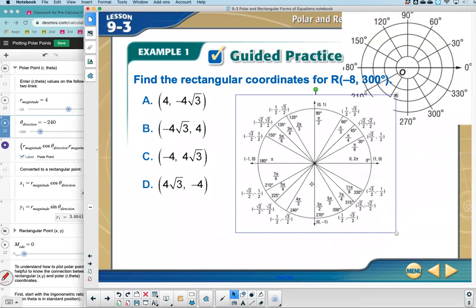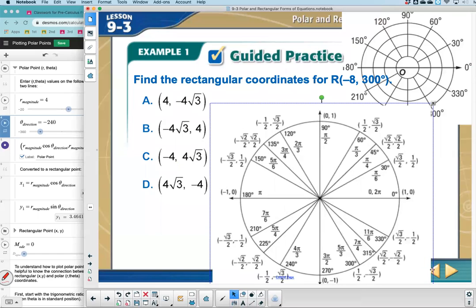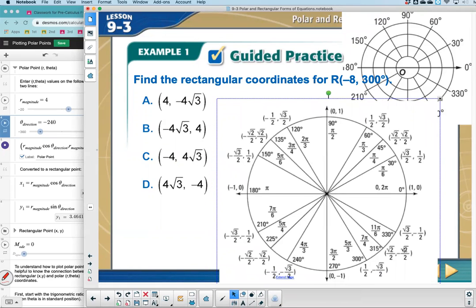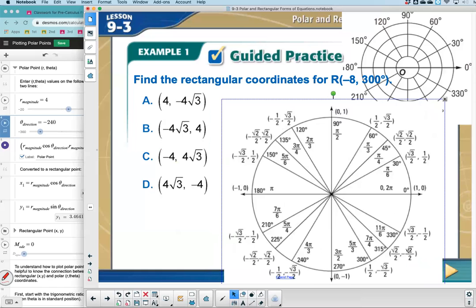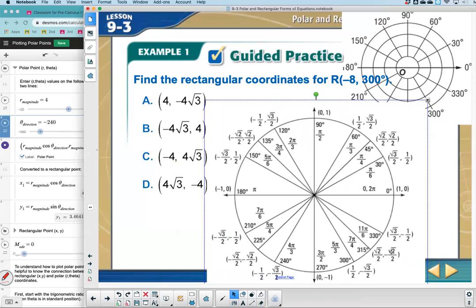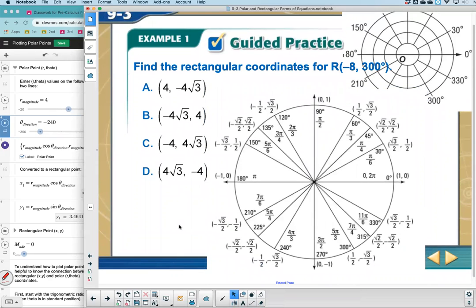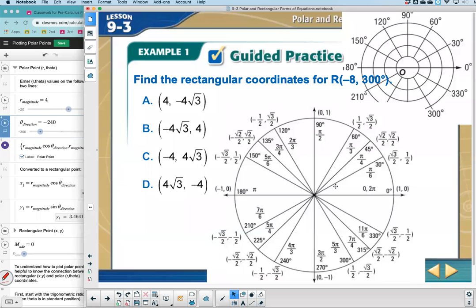I'm also going to give you a unit circle to look at.